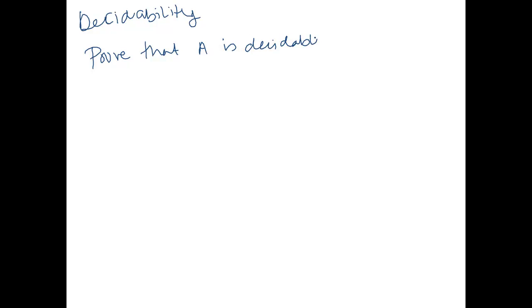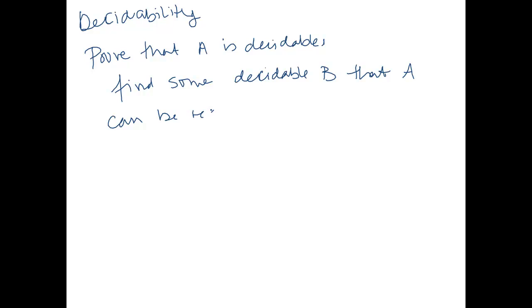How do we use this? There's two basic approaches for decidability. If you're trying to prove that A is decidable, there's a couple ways to do it, but one way is to find some decidable B that A can be reduced to.